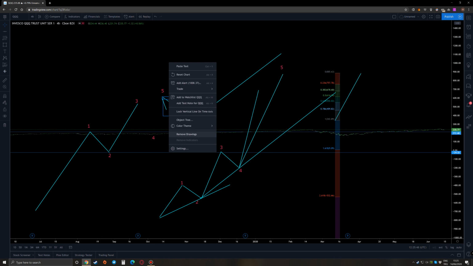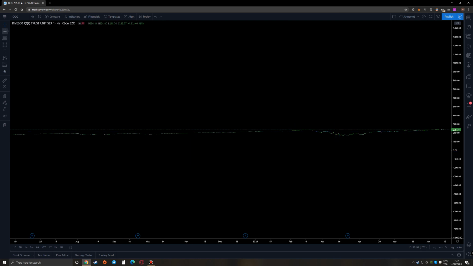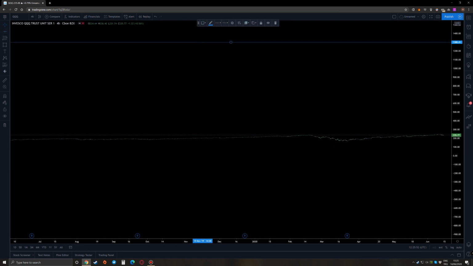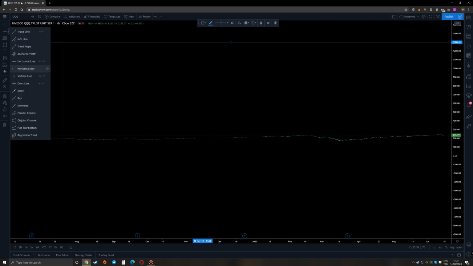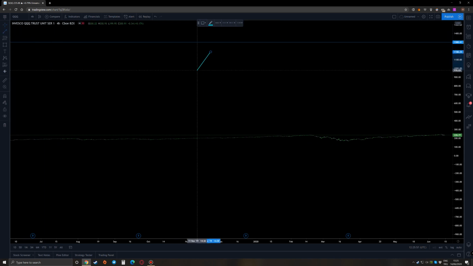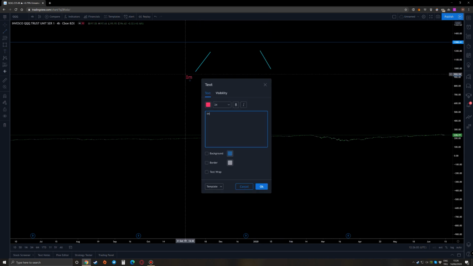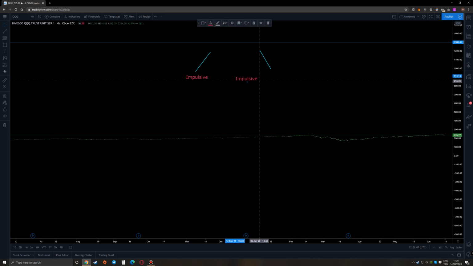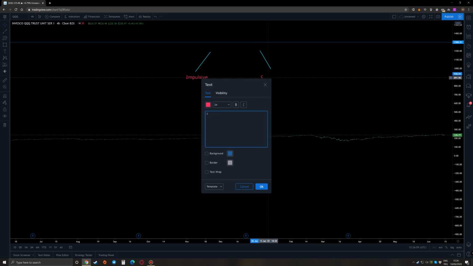When we talked about our logical process, we said first you need impulsive moves, and the second move that we deal with is, so let's write the impulsive here again, and you have a corrective move.